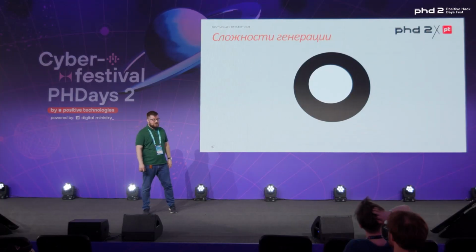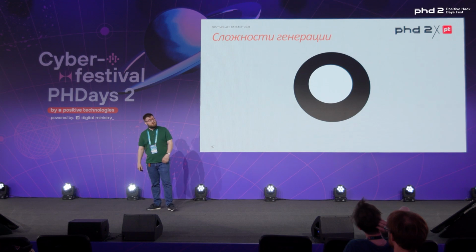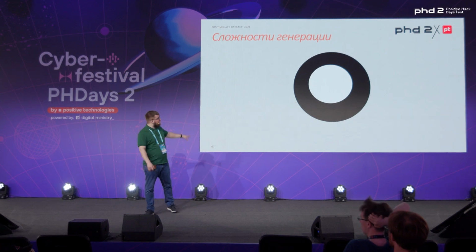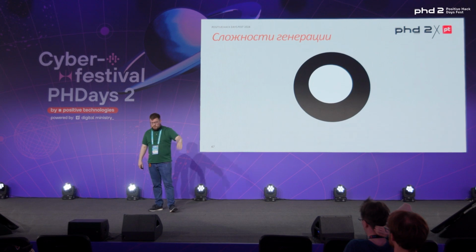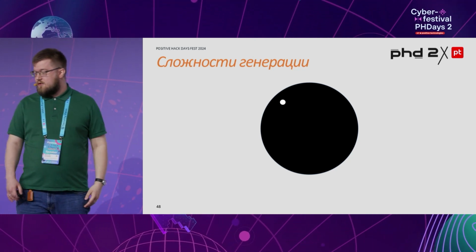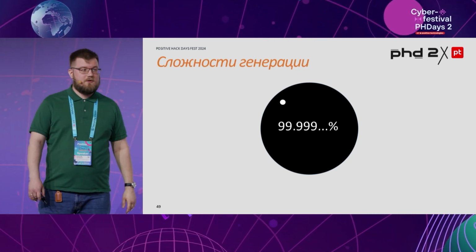So what is the problem that we can find quite quickly if we attempt to apply a fuzzer? So here is a universe of values that the program expects to see as an input, and this is the area that we can generate in general. What if the values space is much smaller than the value space that we can generate in general?